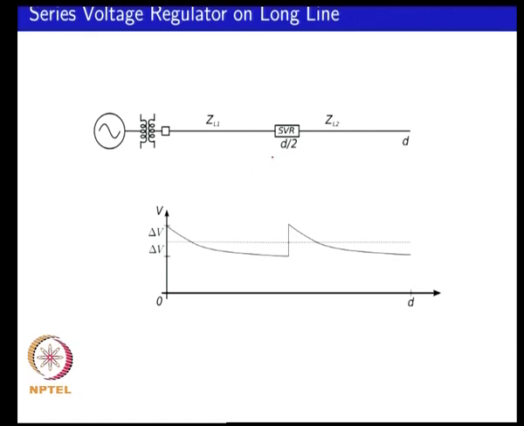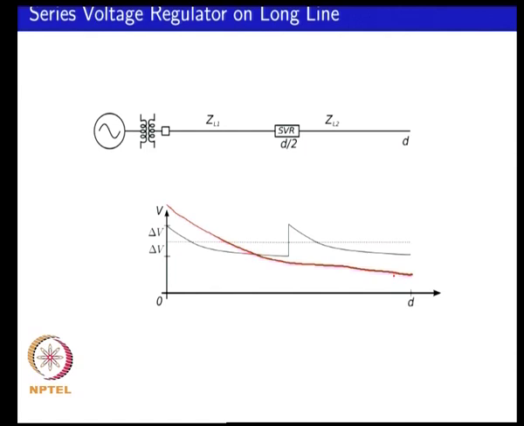So, if you have for example, a really long feeder which might be of the order of 10 kilometers, then if you just allow the substation to regulate the voltage, you might end up with a large drop in voltage all along from one end to the other end. So, to prevent that, you could then add say a series voltage regulator in between the line to obtain the necessary boost.